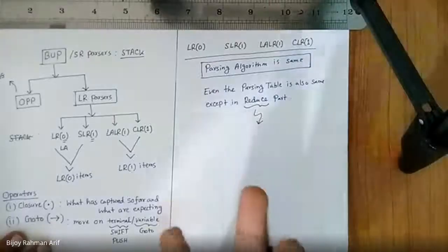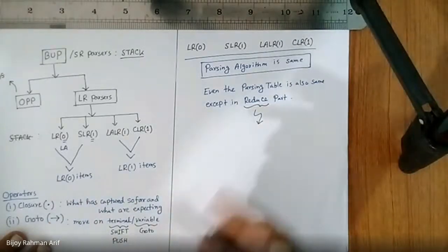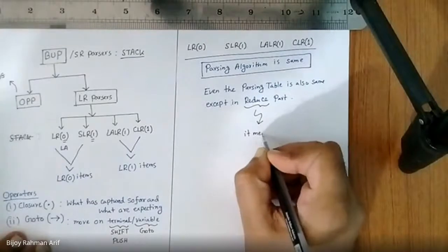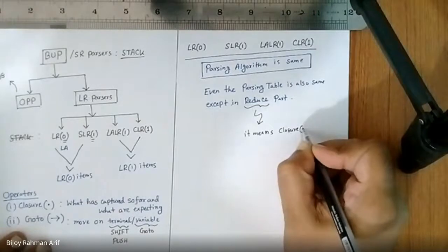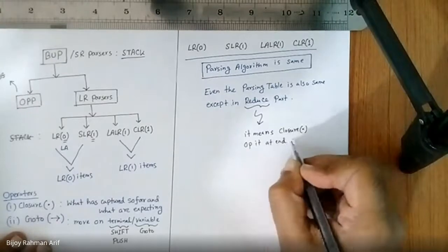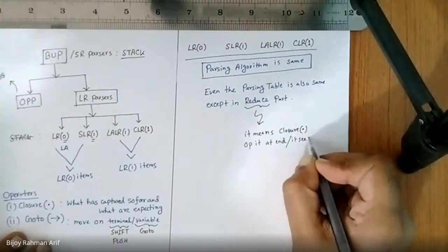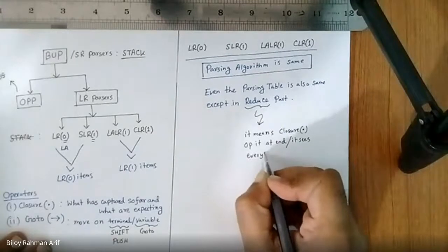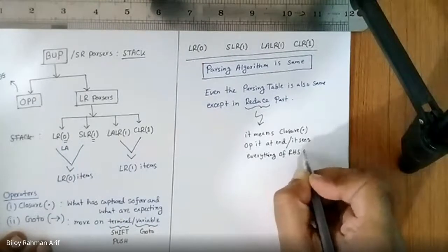Not popping, it is only about the rules. What is the reduce part? The reduce part means it is related with rules. When we reduce, it means the closure operator is at the end, or it sees everything of the RHS of a production.